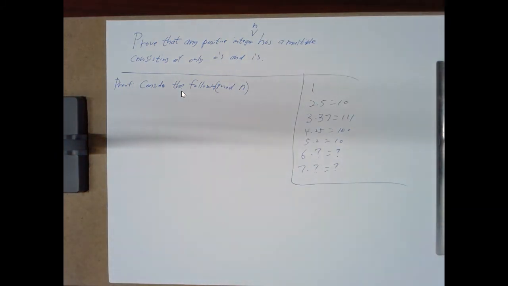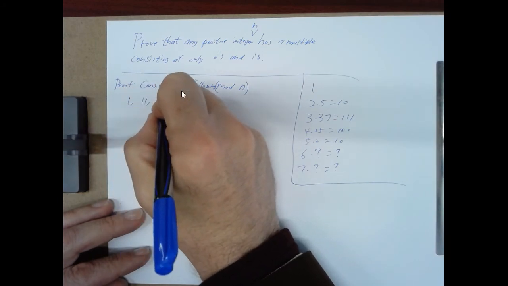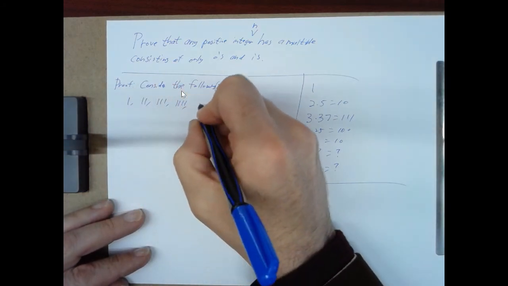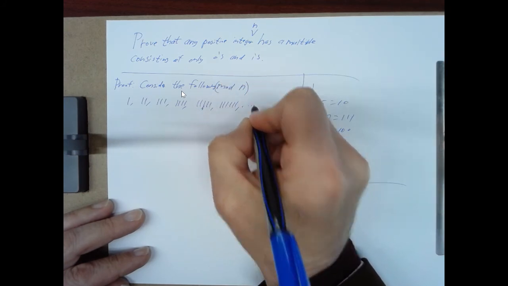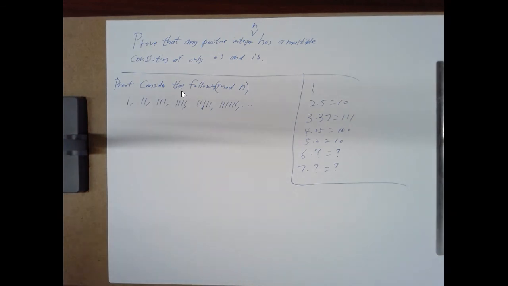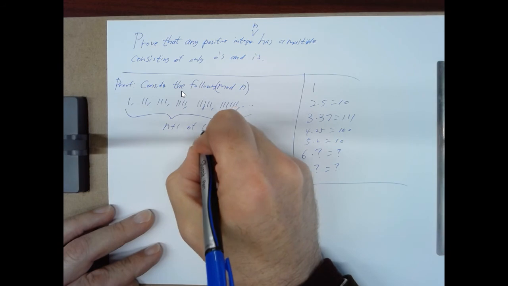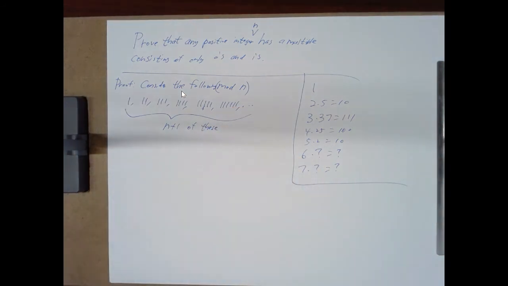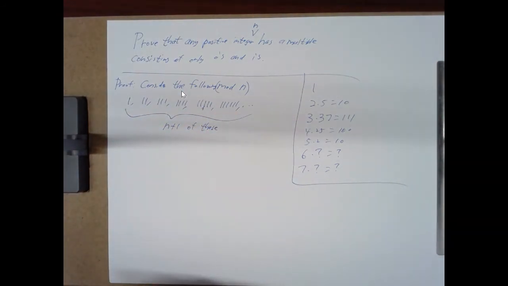So we're going to consider the following numbers modulo n: 1, 11, 111, 1,111, 11,111, and so on. Just all the numbers that you can write consisting of just a string of ones. And I want to consider n plus 1 of these. So if our number is 7, I'm going to look at 8 numbers: 1, 2 ones, 3 ones, 4 ones, all the way up to and including 8 ones.